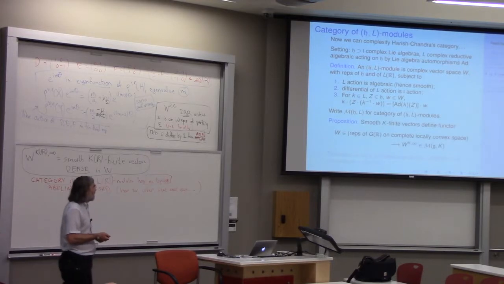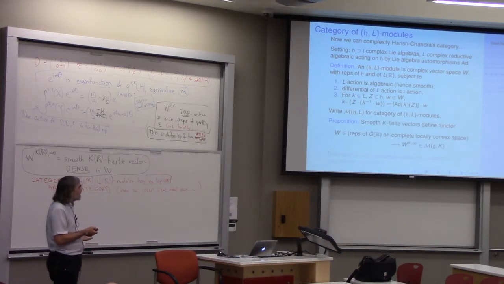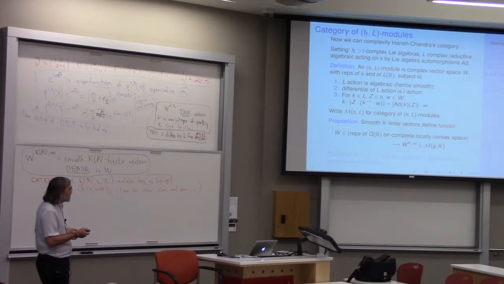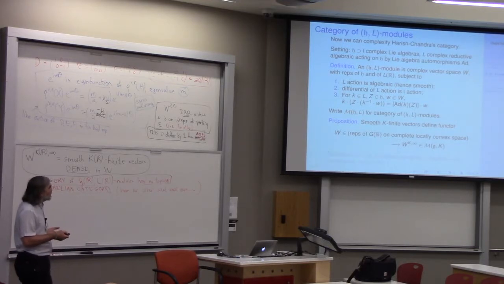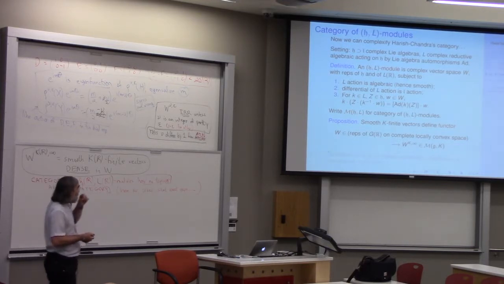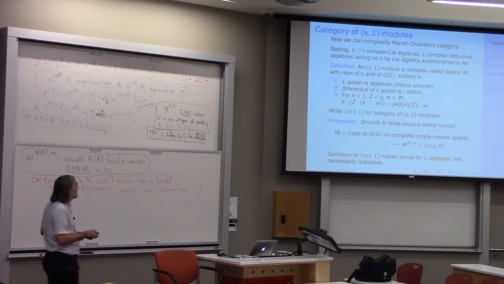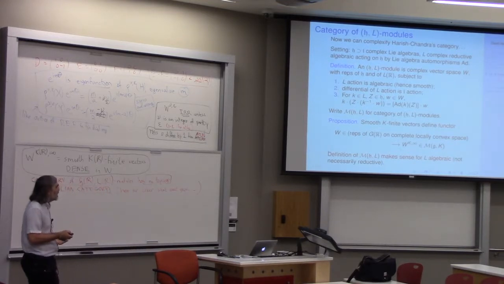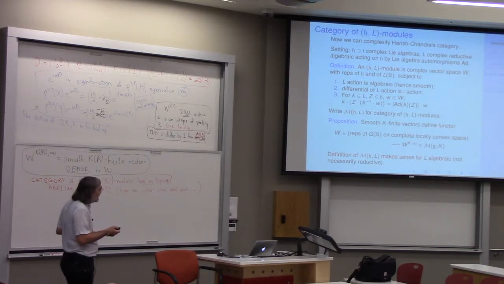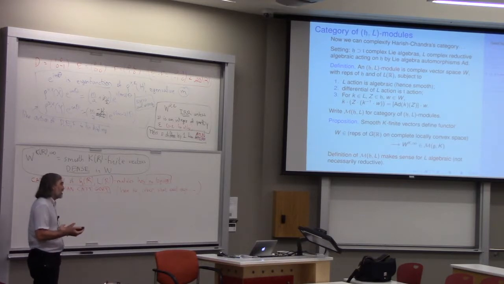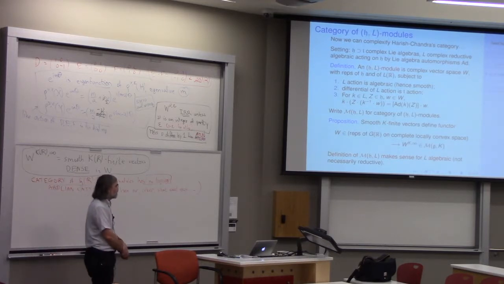And now the statement is that passage to smooth K finite vectors gives you a functor from these group representations to GK modules. Okay, so again, it's worth noting that this definition of the category doesn't make any use of L being reductive. And it's useful to have that extension.